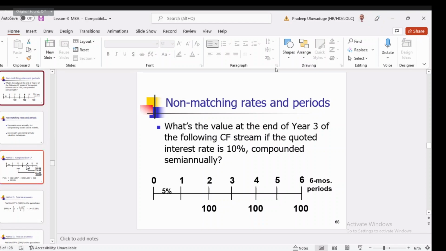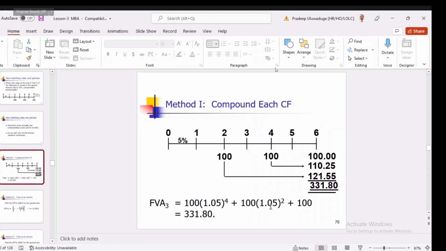So the second cash flow will be there for 2 time periods. At 5%, we compound it for 2 periods: 100 into 1.05 to the power 2, which gives 110.25 as the future value of the second cash flow.